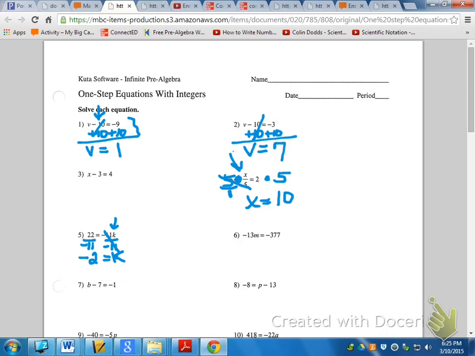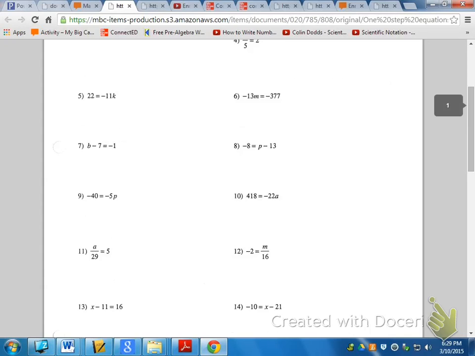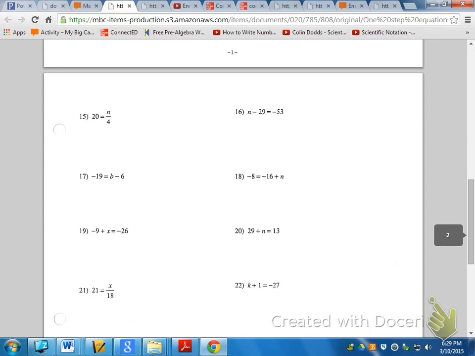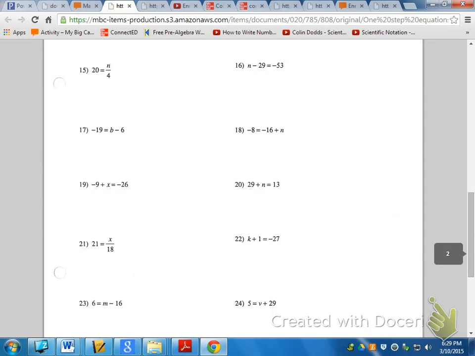All right, let's see if we can find some more that are a little different on the back page. You have to do both of these. It doesn't look like there's a whole lot that's different, but let's try one like number 18. Number 18 might be a little tricky. Negative 8 equals negative 16 plus n. Well, I see a negative and I see a plus in front of the n. I have to really think about what would result with n being by itself.